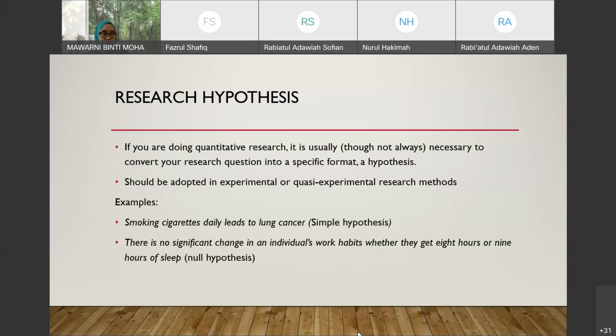I'm sure you learned that yesterday with Dr. Farid on chapter 4 and chapter 5, and Dr. Leah will talk about statistics and SPSS. So the research hypothesis depends on whether you want to put it. I just mentioned it here. If you are doing quantitative research, it is usually, though not always, necessary to convert your research question into a specific format or a hypothesis.